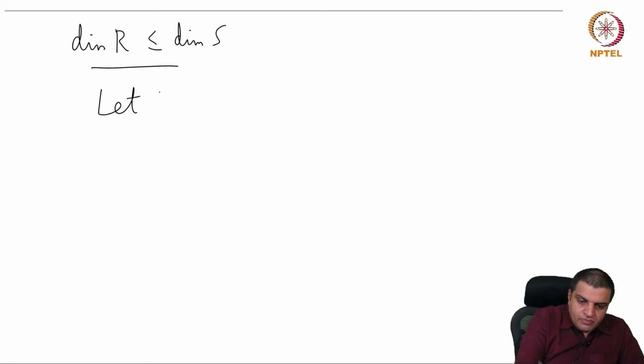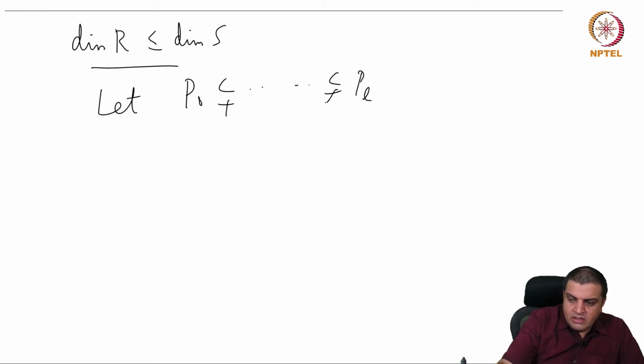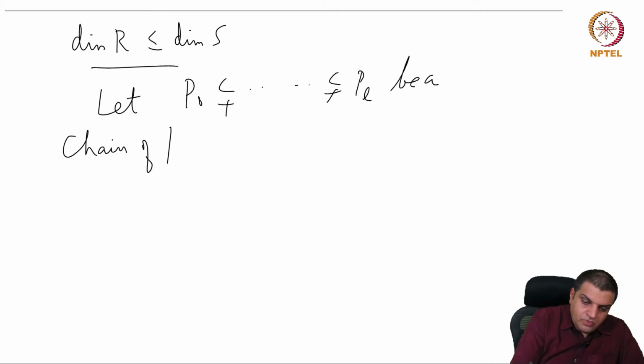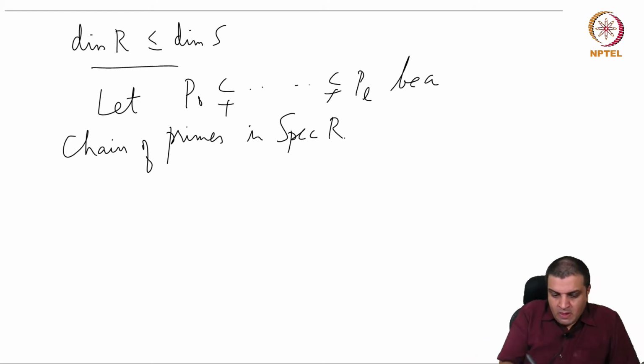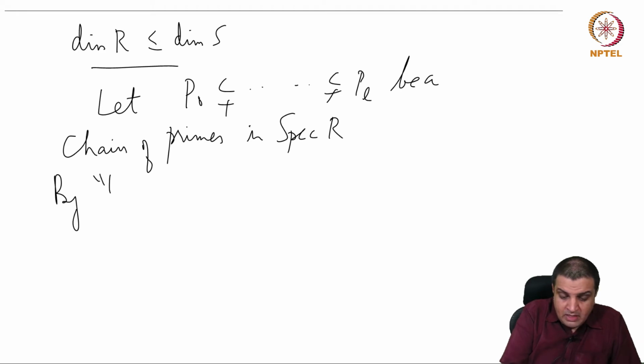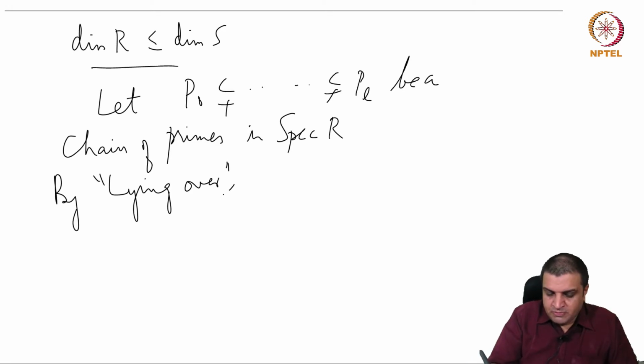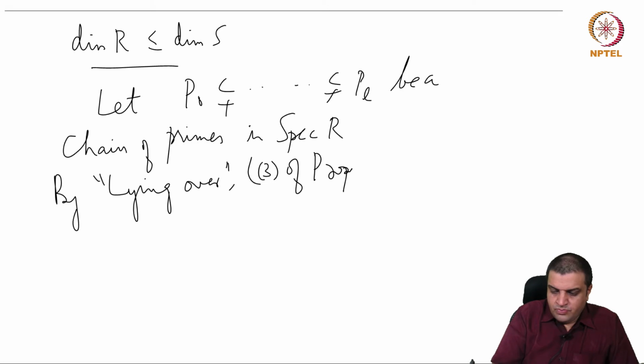So let P0 up to PL be a chain of primes in Spec R. By lying over, this is part 3 of the proposition, there exists a Q0 such that Q0 contracts to P0.